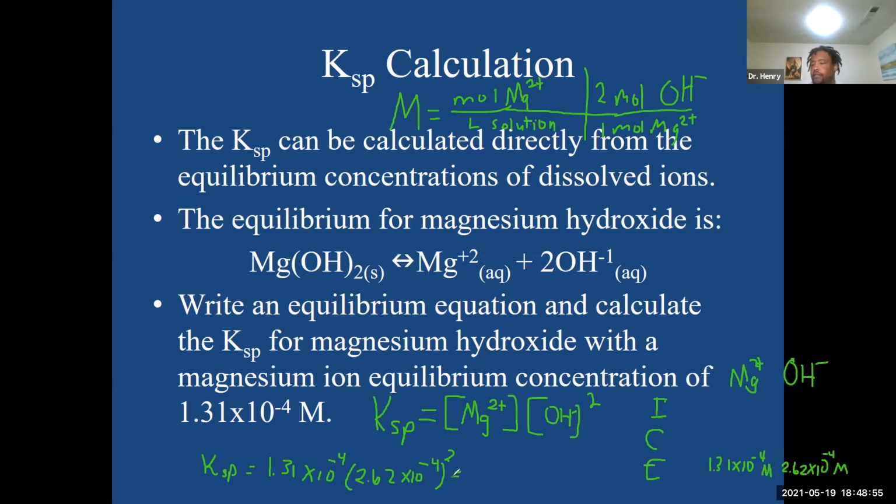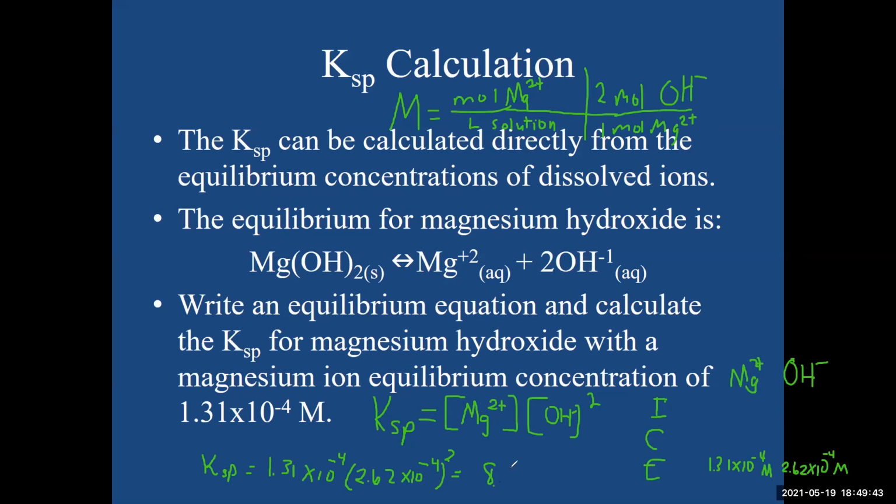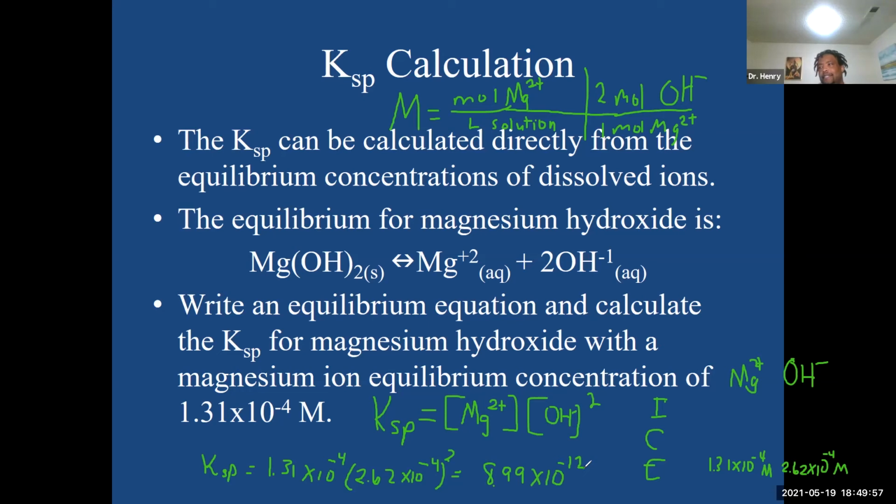And what do you guys get for your KSP? 8.99 times 10 to the negative 12. Okay. Piece of cake. Yep.